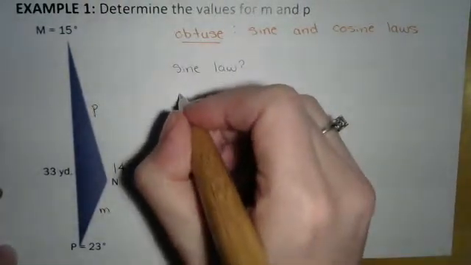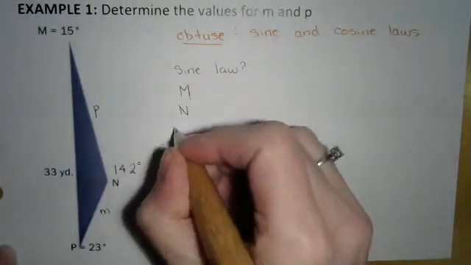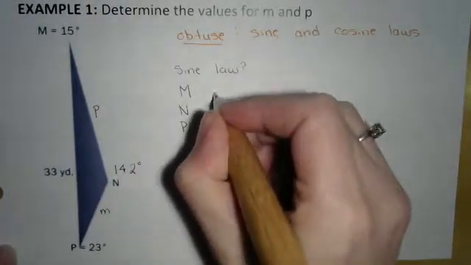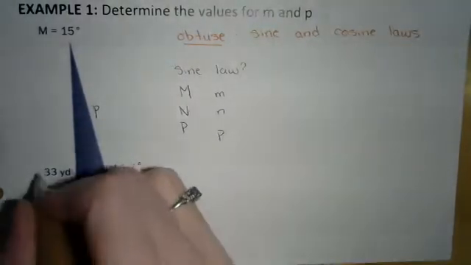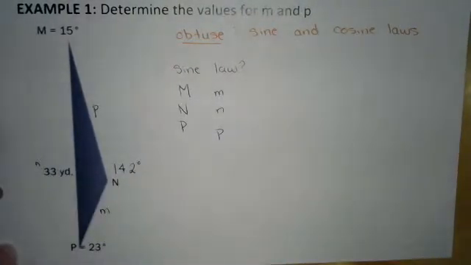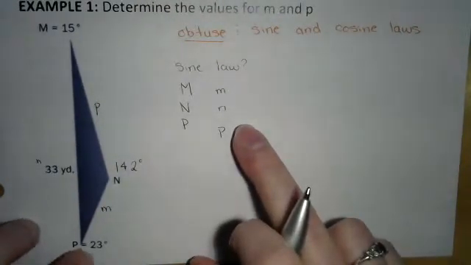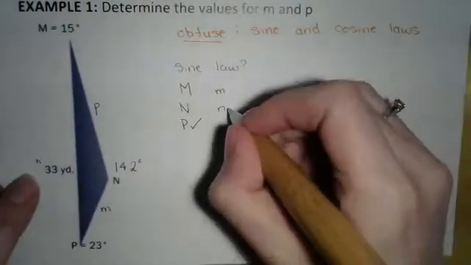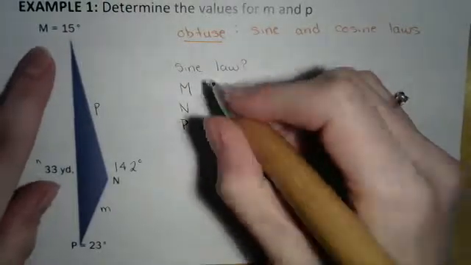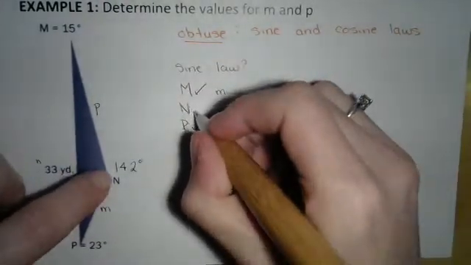So there's angles M, N, and P, and there's side lengths M, N, and P. And I suppose we should label this little n as well. Okay. So which pieces of information do we know? We know big P, we know little n, big M, and big N.